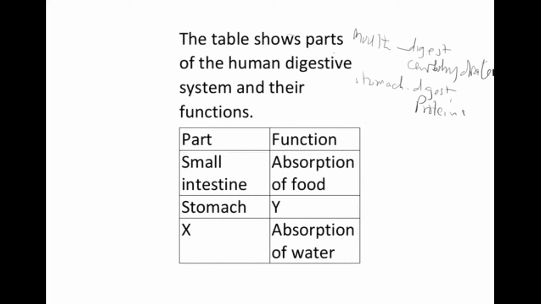We have small intestine, absorption of food.